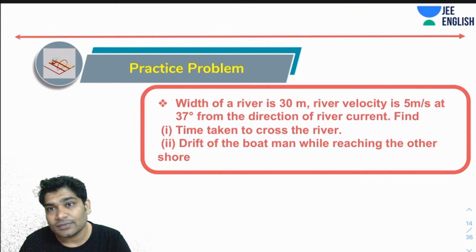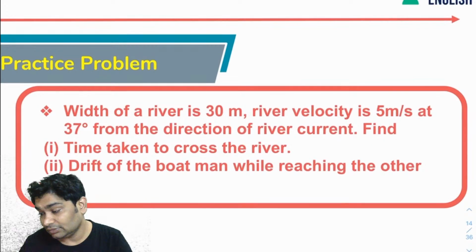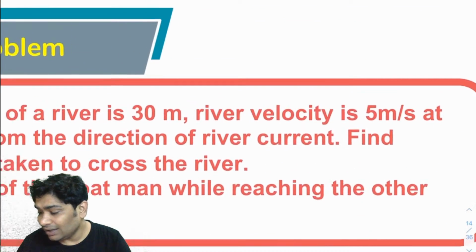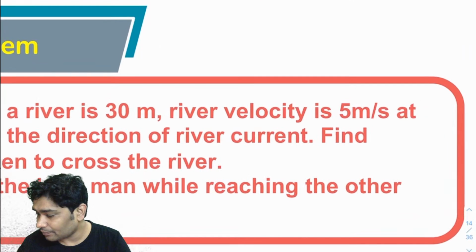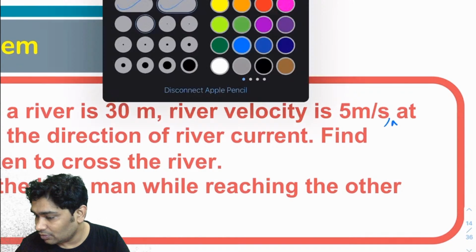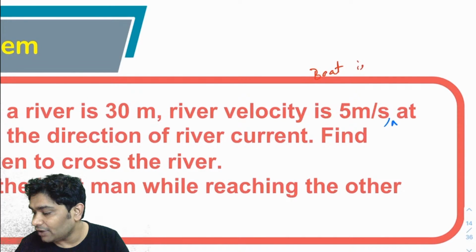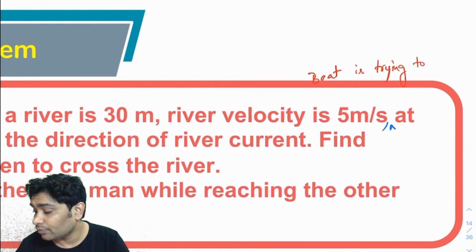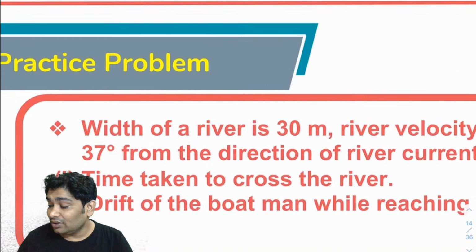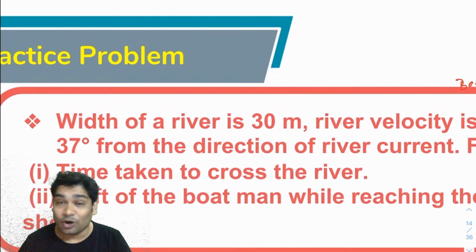Okay, there is something missing. The river velocity is here, and let's just take up a number. Let's add: the boat is trying to swim, so the boat is trying to move with 10 meters per second, so let's assume that number, at 37 degrees from the direction of the river current.